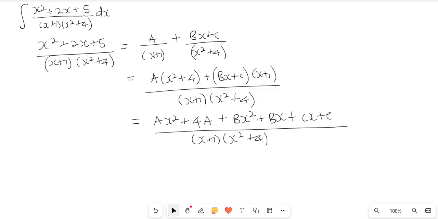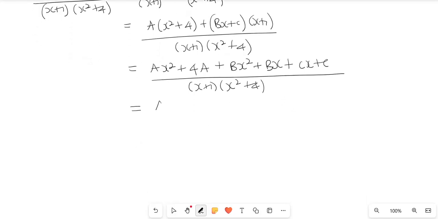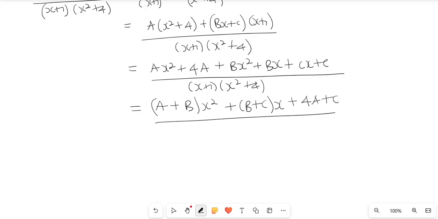And this, we can group like terms: a plus b all times x squared, because the coefficient of x squared has a and b, so we just group them together and factorize. The same for the coefficient of x, that is b plus c, times x, plus 4a plus c, which are the constant terms, all divided by x plus 1 and x squared plus 4.